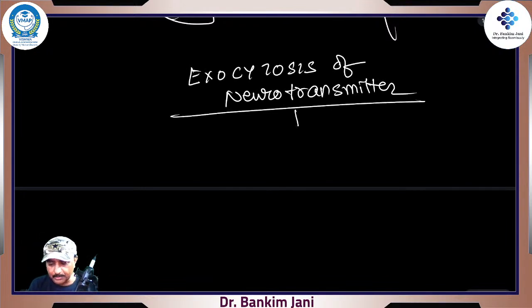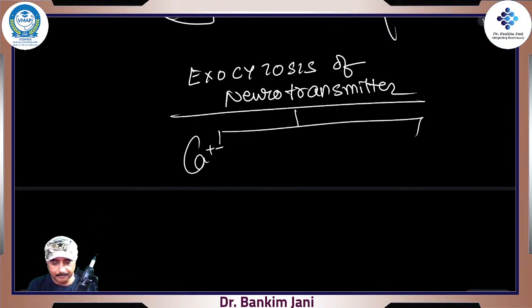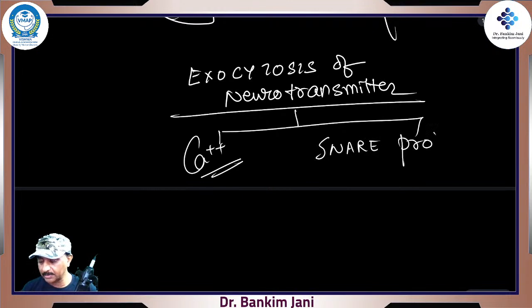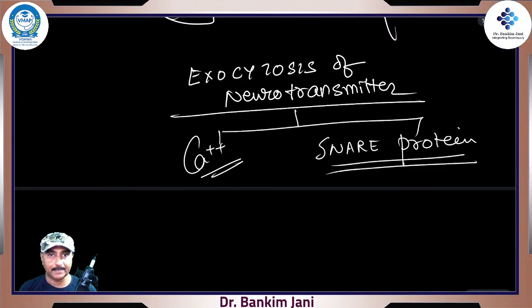For this neurotransmitter, two things are needed. One is calcium. Second, we are learning one new word. It's called the SNARE protein.